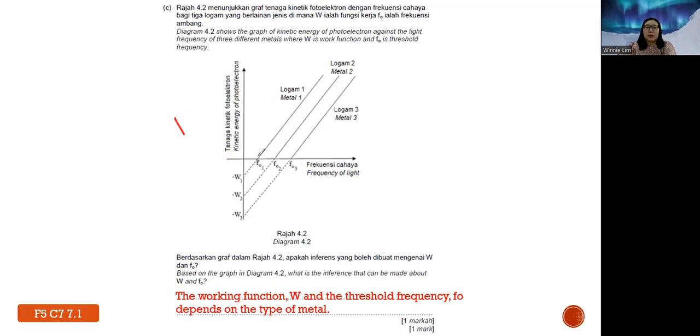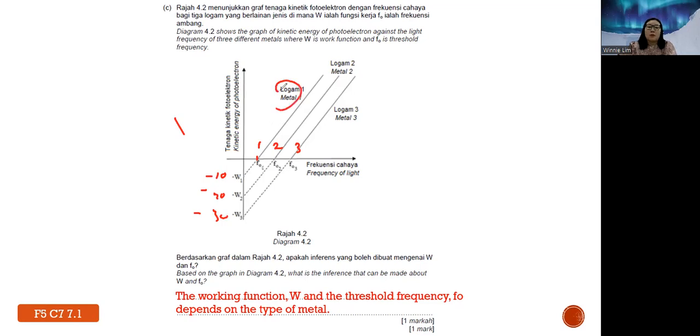As you can see, I use easy numbers so you have a better idea. Of course, these are not the actual values of the threshold frequency for these three metals. So I assume 1, 2, 3 here, and for the work function 10, 20, 30, but you put it negative, and this negative won't affect the idea behind it.